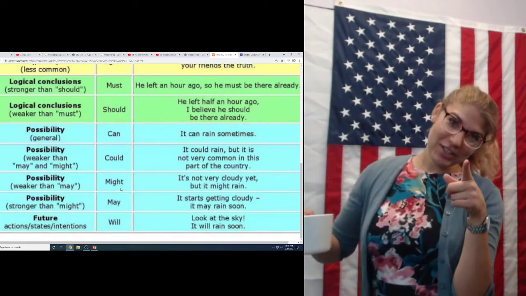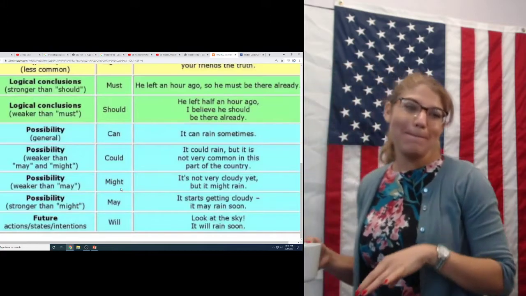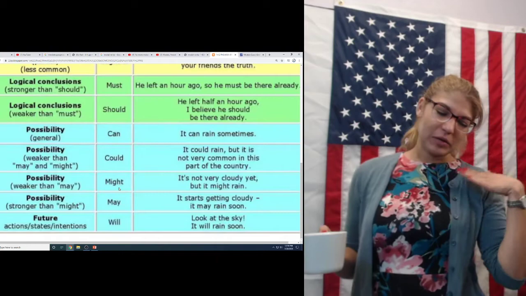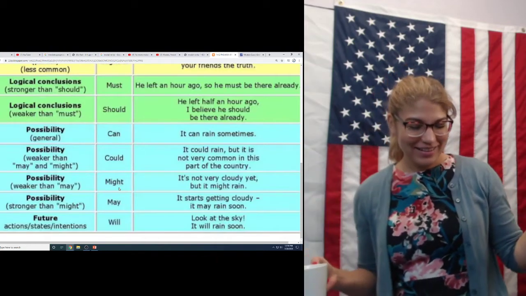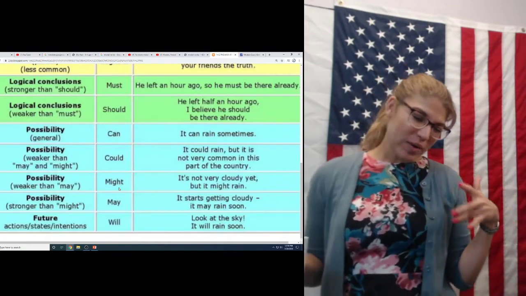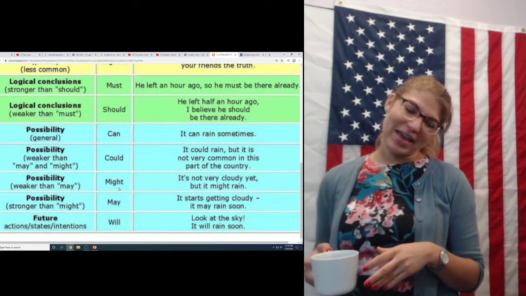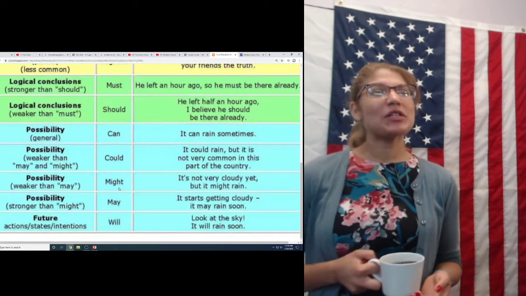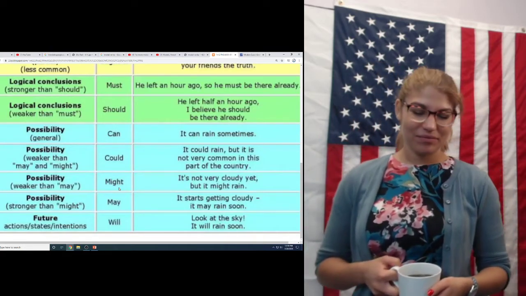I can Spanglish. So, might is a possibility, weaker than the word may.